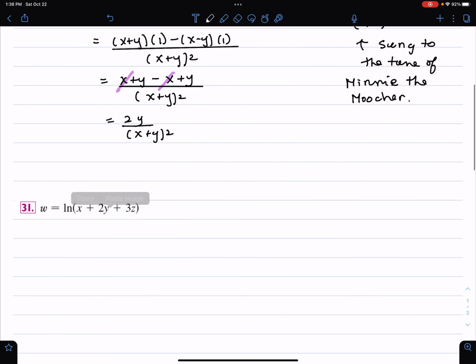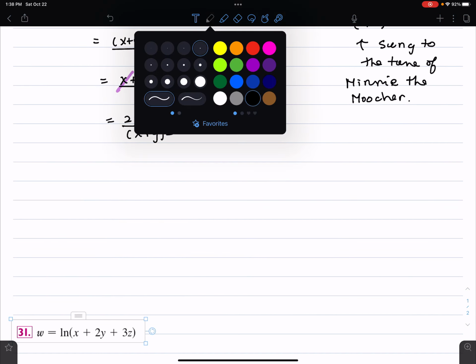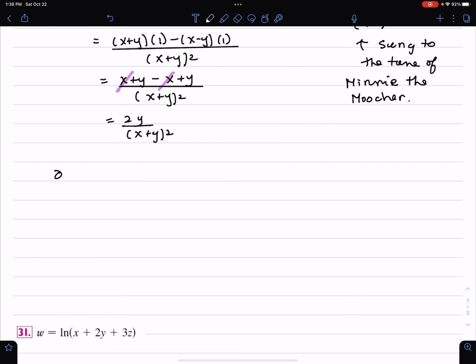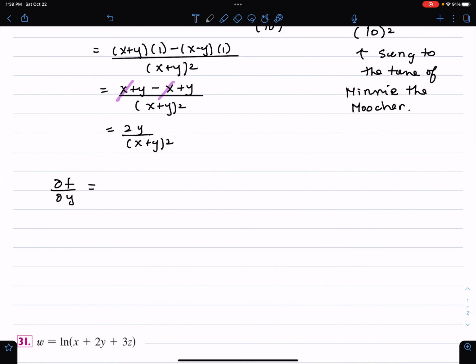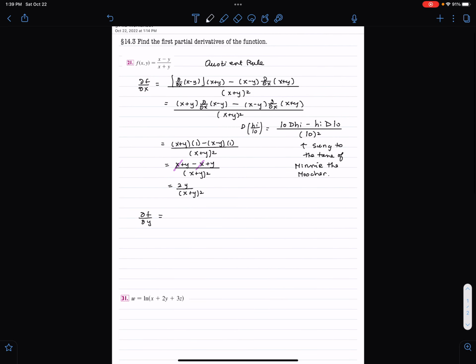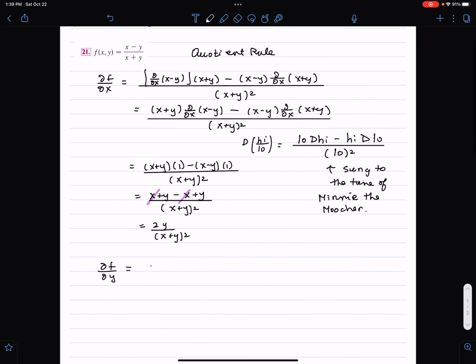And then if you have the derivative with respect to y, it's the low, the bottom, the denominator, x plus y. Gotta zoom out a bit. So it's x plus y, the derivative of the numerator times the denominator.